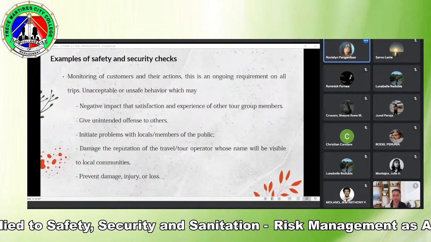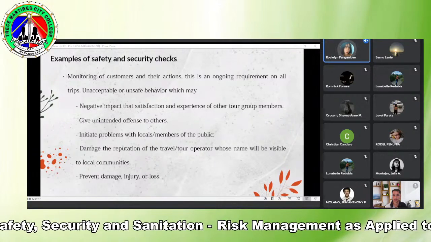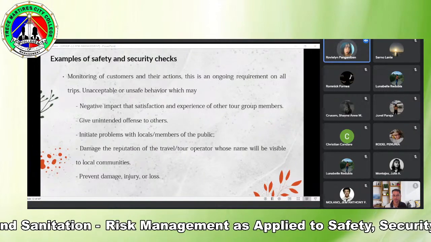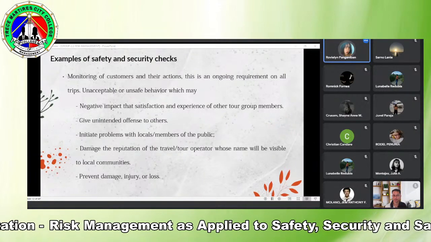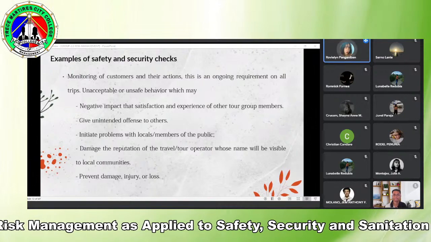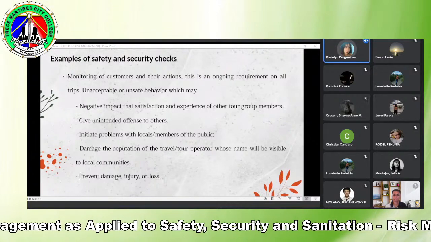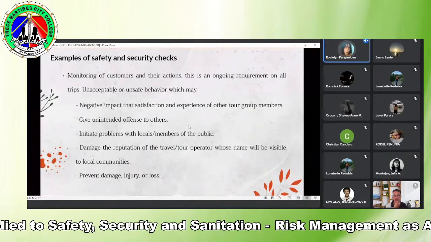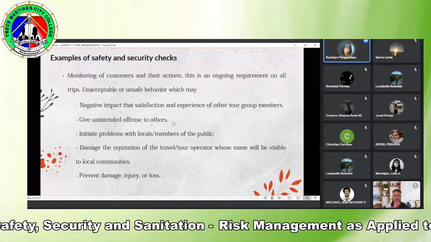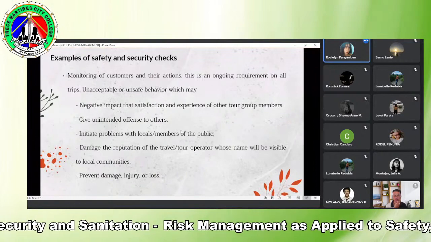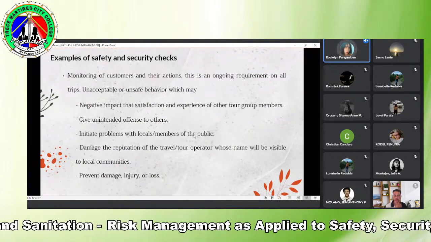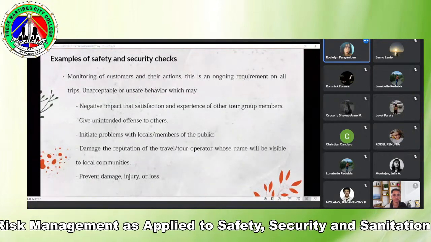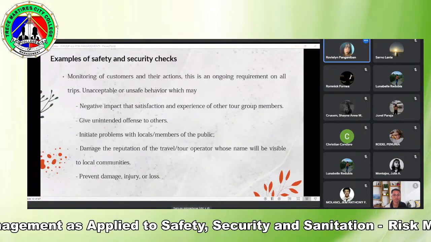Next is negative impact on the satisfaction and experience of other tour group members. So, any idea po sa guest kung ano po yung ibig sabihin ng negative impact on the satisfaction and experience of other tour group members?